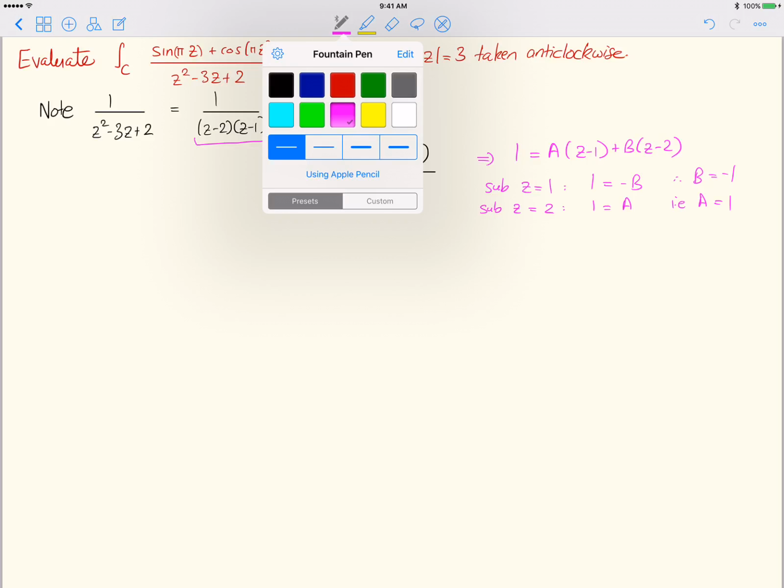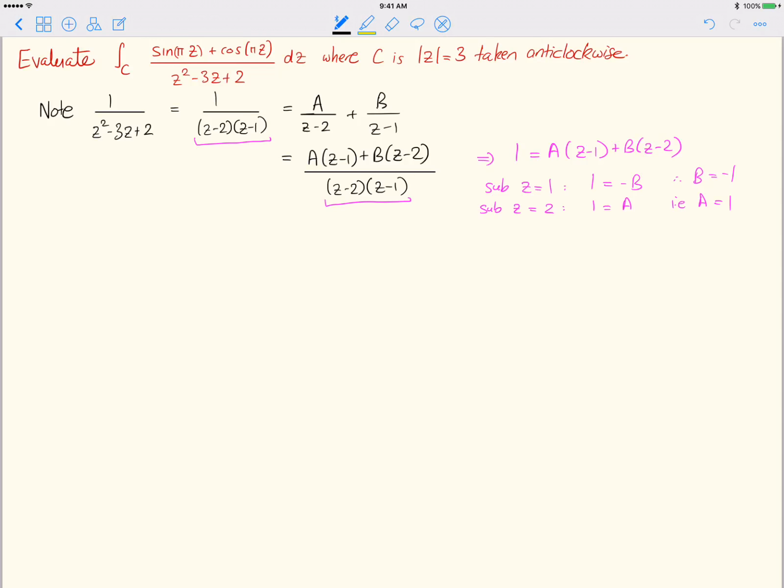So what I found is that therefore that fraction there, this one, is equal to 1 on z minus 2 minus 1 on z minus 1, right?